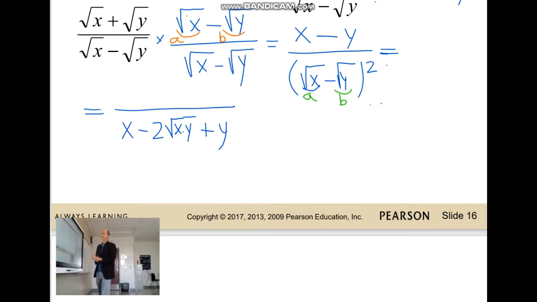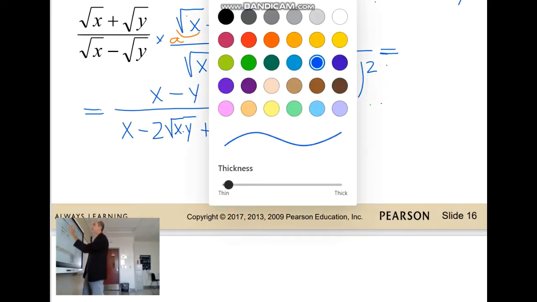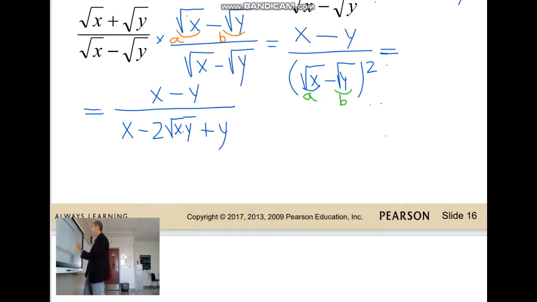That's it. And on the top, we will have x minus y. And that's it. I don't think we can simplify a little bit more. That's the best we can do. That's the best simplification we can find.